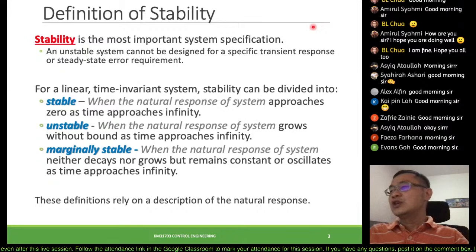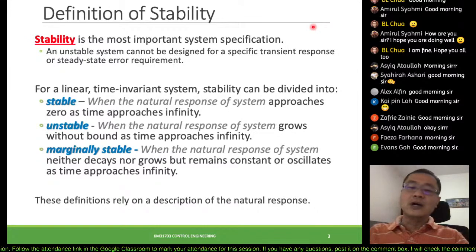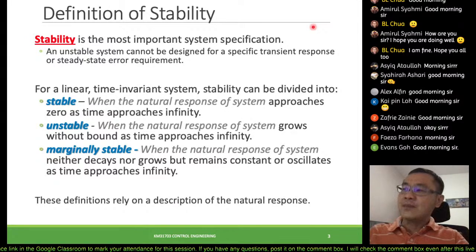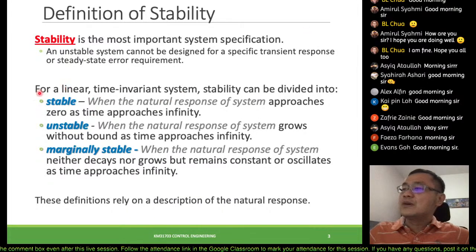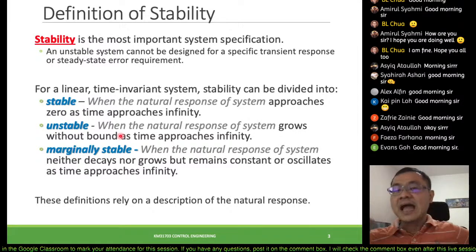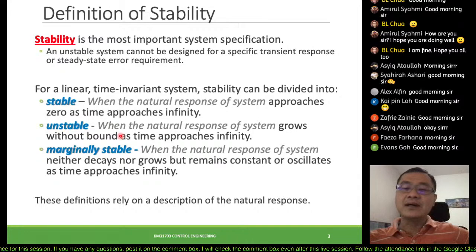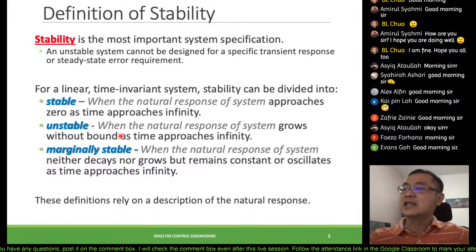Here we will divide stability into three types: first is stable, second is unstable, and the third is marginally stable. As we have seen from the previous graph, we have seen the stable and marginally stable parts, whereas unstable is when the amplitude of the time response continues to grow as time approaches infinity.